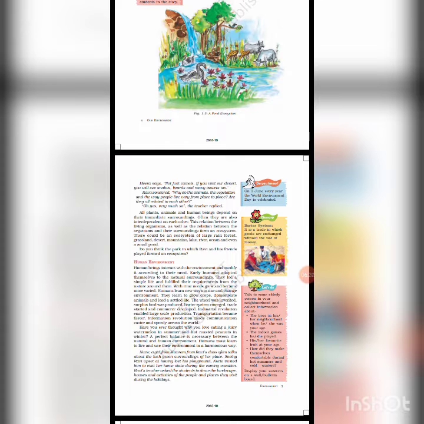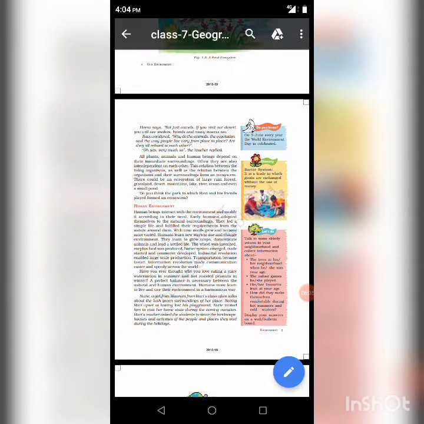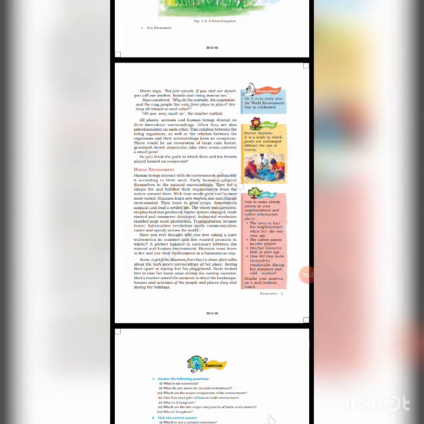The environment is our basic life support system. It provides the air we breathe, the water we drink, the food we eat, and the place where we live. Thus, the environment is the most important aspect of our life. The natural environment consists of land, water, air, plants and animals.